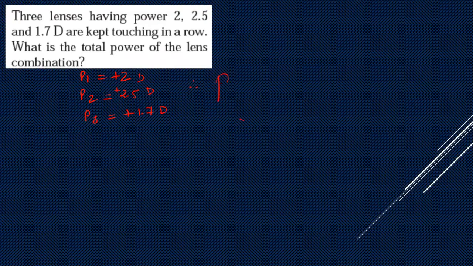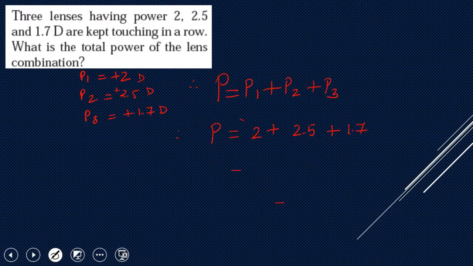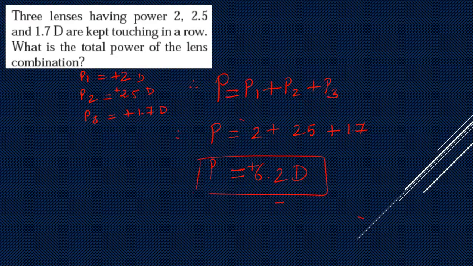We know power of combination P is always equal to P1 plus P2 plus P3. So therefore, your P will be equal to 2 plus 2.5 plus 1.7, which is equal to 4.5, 5.5, 6.2. So power is going to be plus 6.2 diopters. This will be the total power of the combination of lenses.